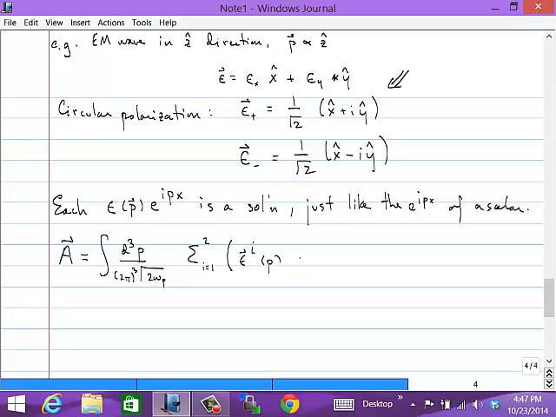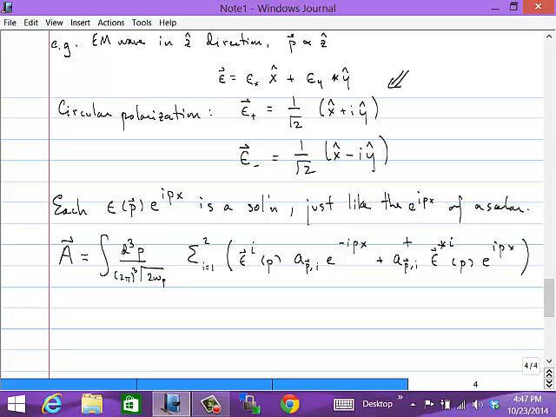And then we expand in terms of these solutions to the equations of motion with some coefficients that I'll call a sub p i and a sub p i dagger.